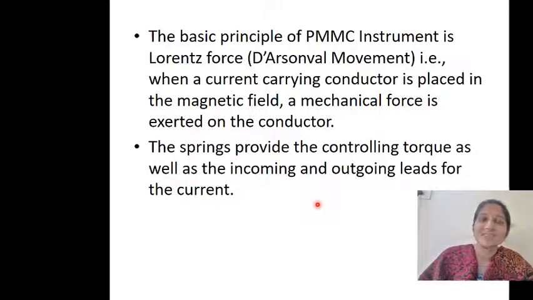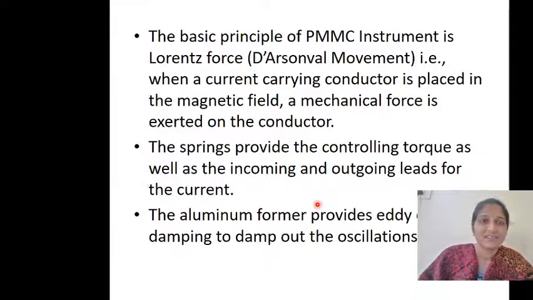The springs provide the controlling torque as well as the incoming and outgoing leads for the current. So the springs on the spindle not only provide the controlling torque but also act as the incoming and outgoing path for the current. Next, the aluminum former provides the eddy current damping to damp out the oscillations.